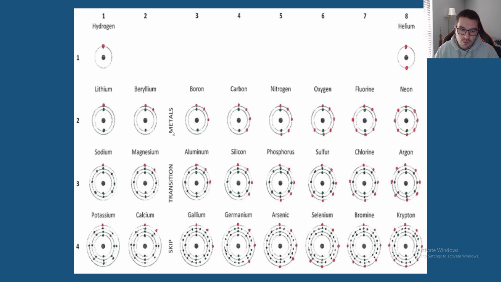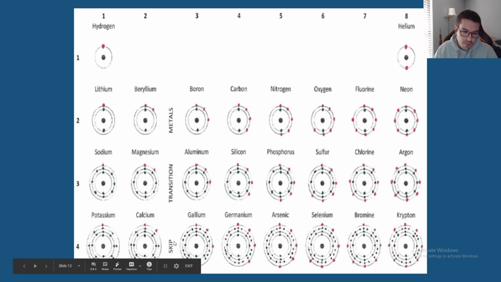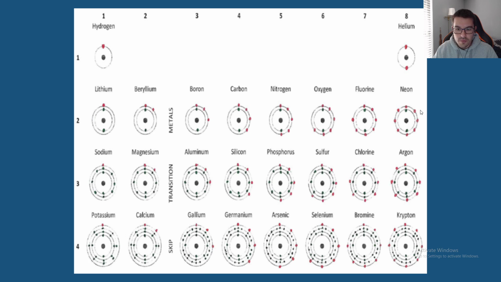If you watched that short little 8-minute video, if you haven't watched that video, I would go watch that really quickly. But if you have, you'll remember that if we skip the transition metals in the center portion of the periodic table, the D block of transition metals, then what we have here are the rest of the elements here.